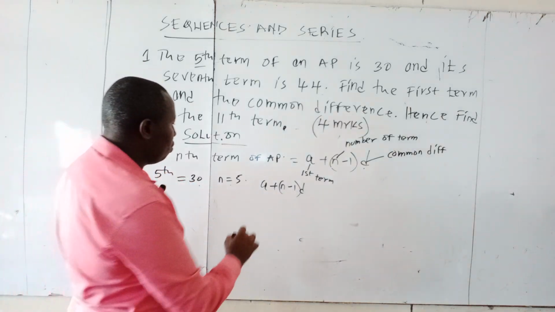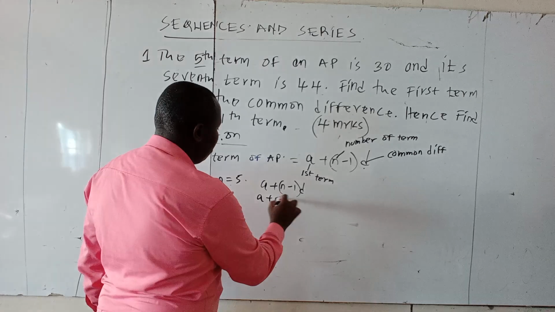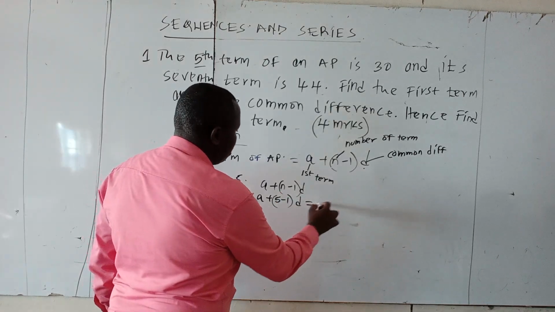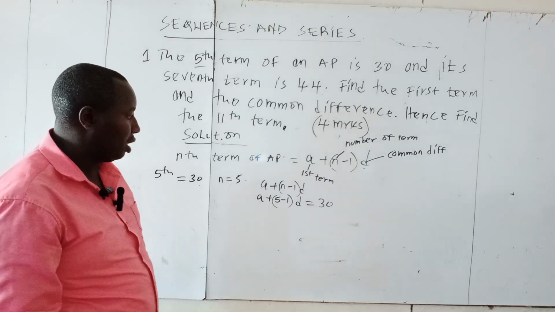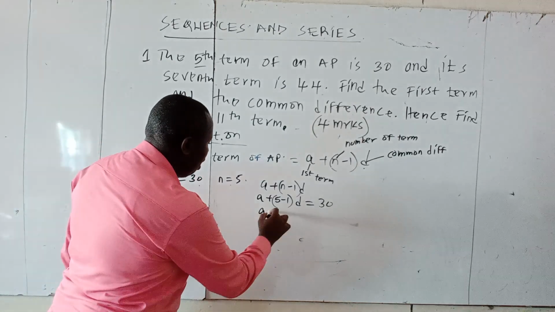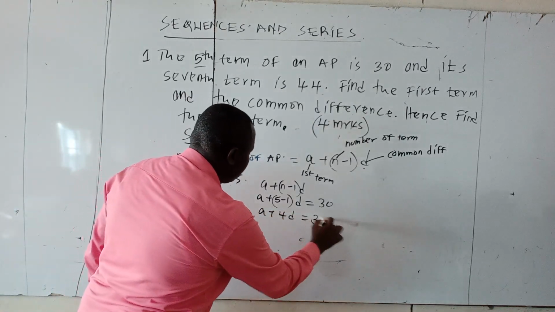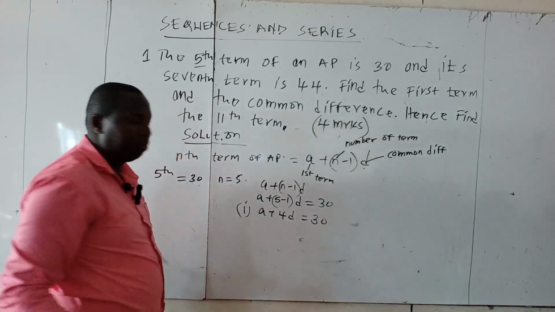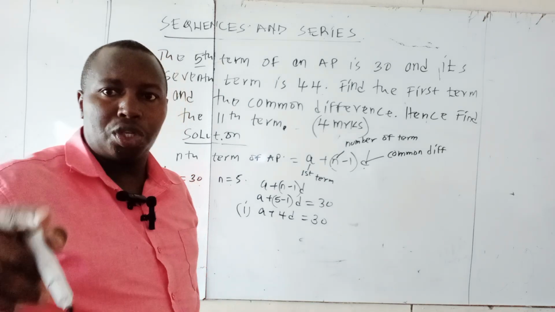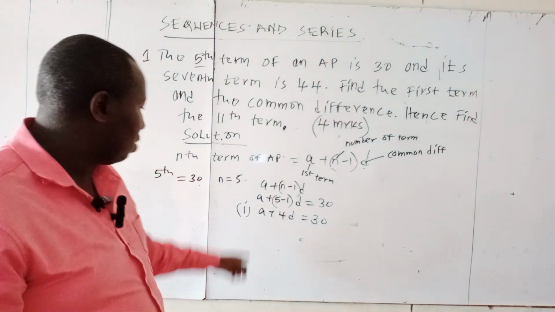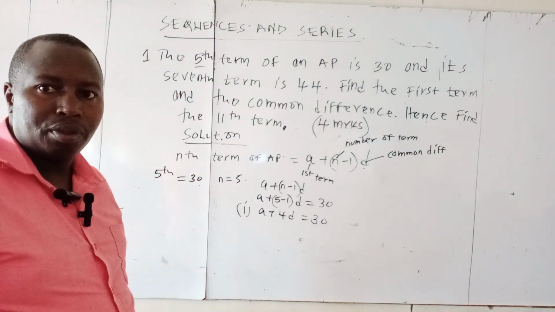You get A plus 5 minus 1 d, so this becomes A plus 4d equals 30. That's how you form the first equation.